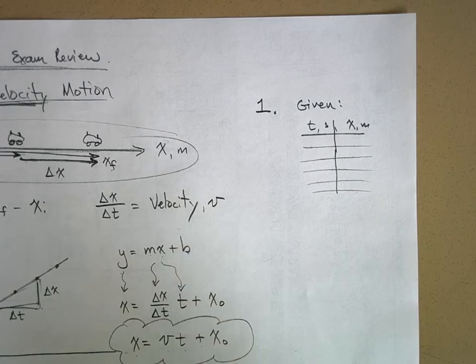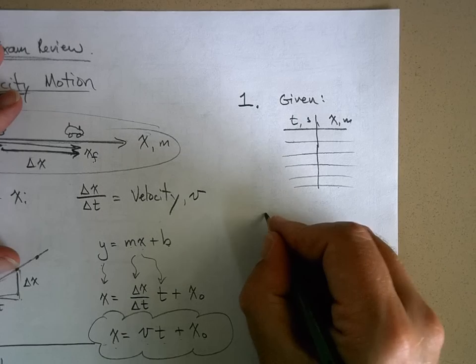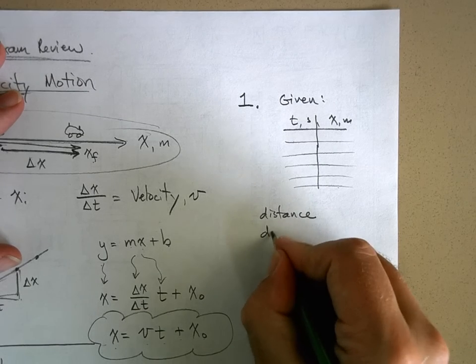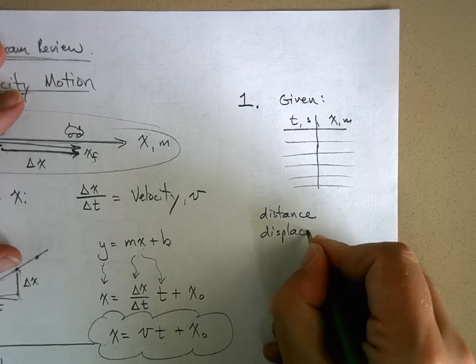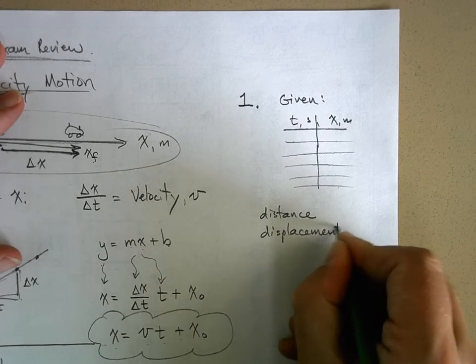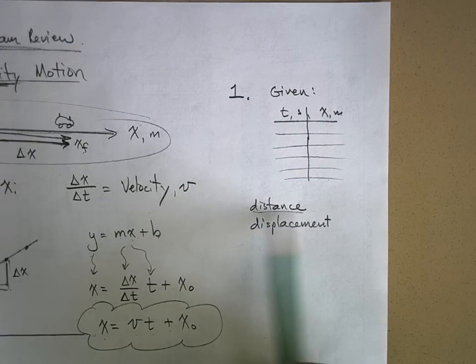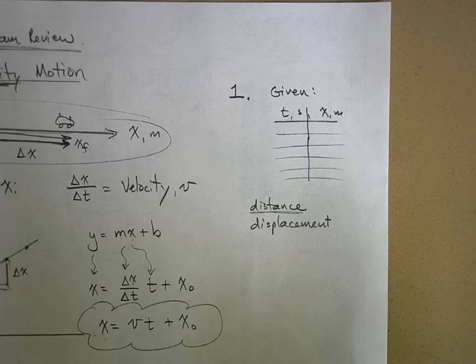I'll give you 2 points of time and ask you what was the displacement, and then also, one thing. What's the difference between distance and displacement? Okay. Well, distance is the total length of the path that something walked or moved.